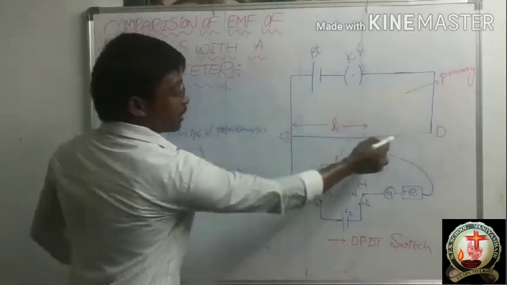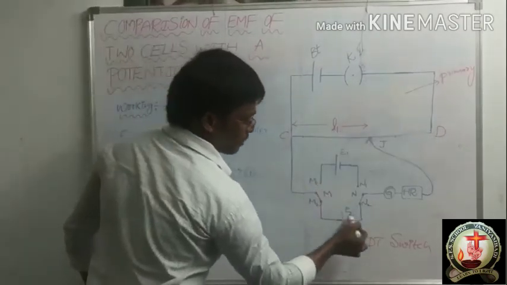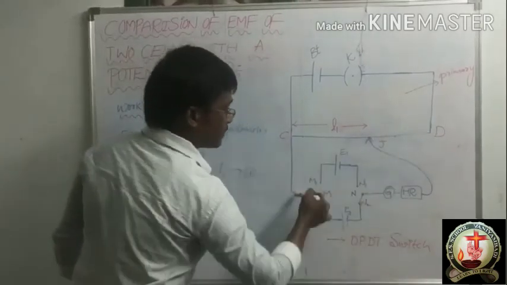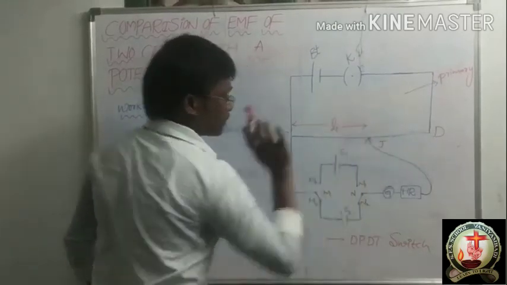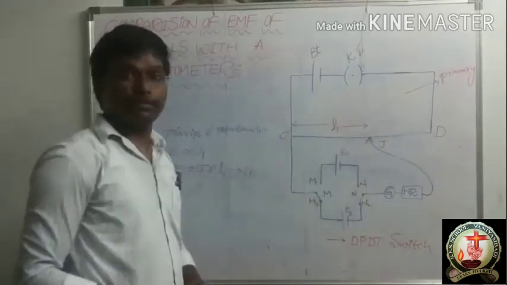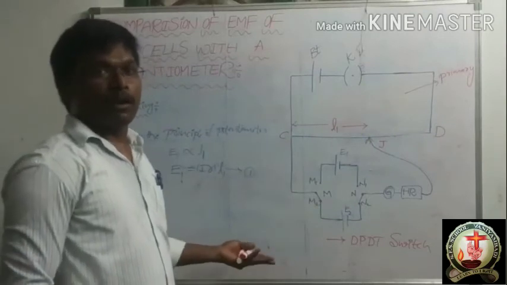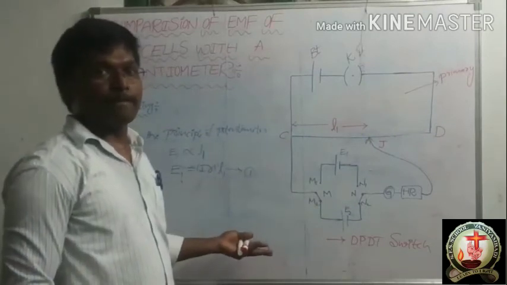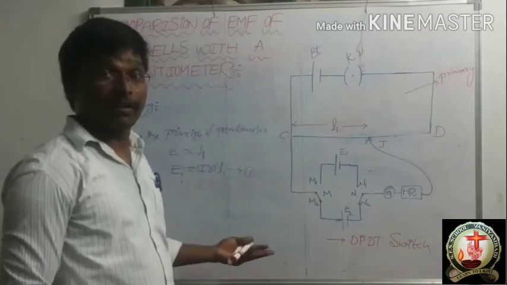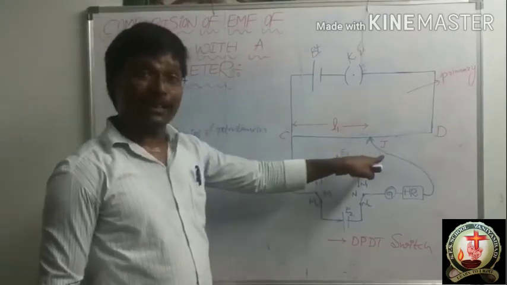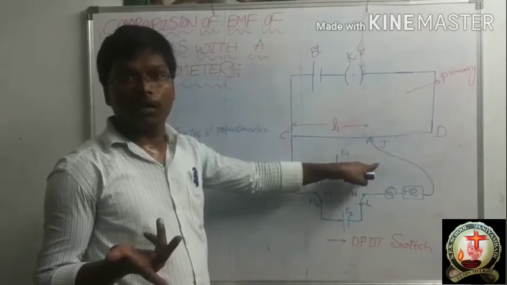Now the second cell is connected with the secondary circuit like this. This is the secondary circuit, and this one is disconnected. Same procedure: this time also I find the balancing length by the use of the jockey.